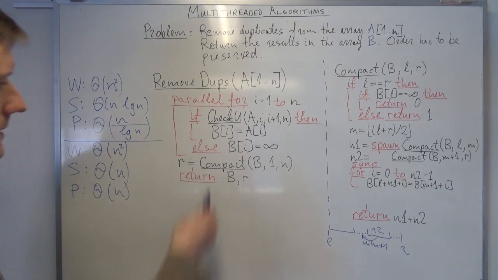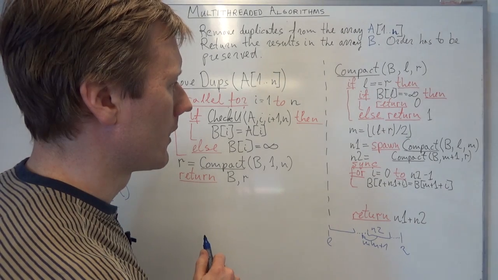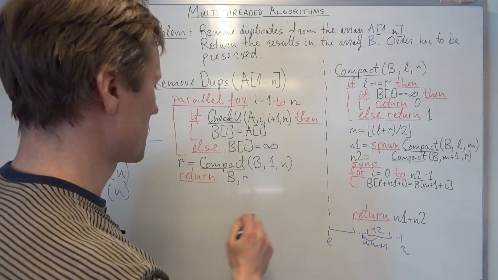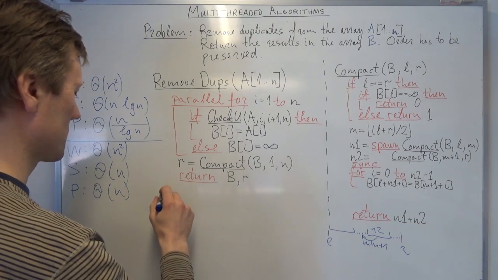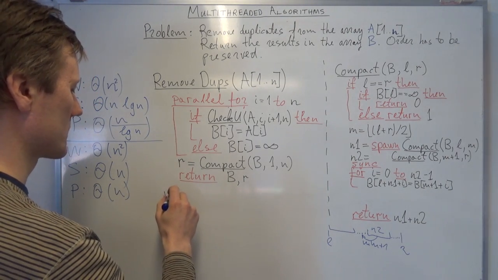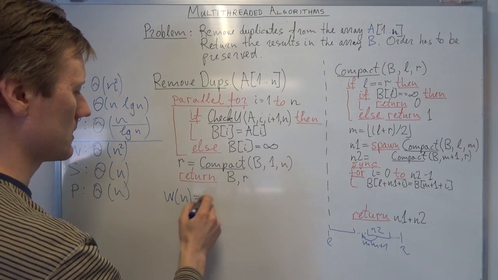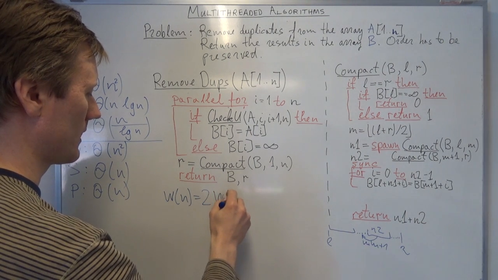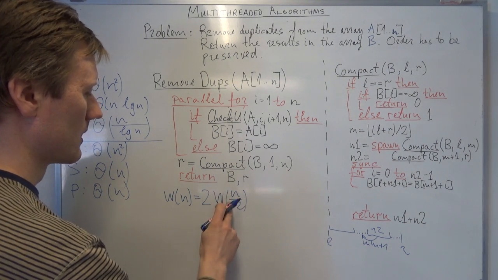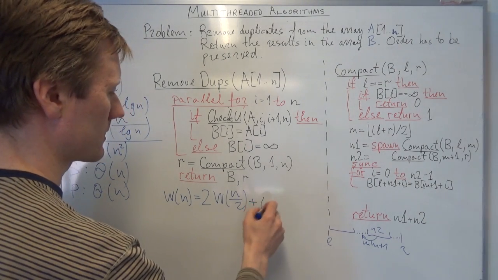So, okay, what is the work of this algorithm? We can express the work by simple recurrence. The work of this compact part is equal twice the work of half of the problem plus this linear part.